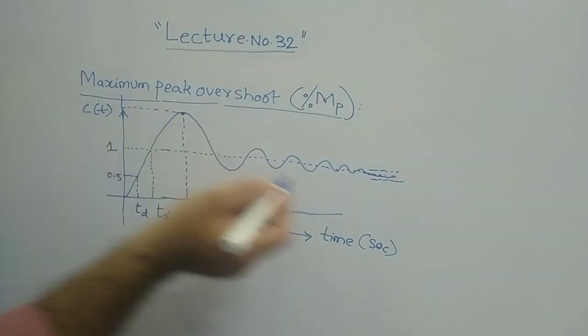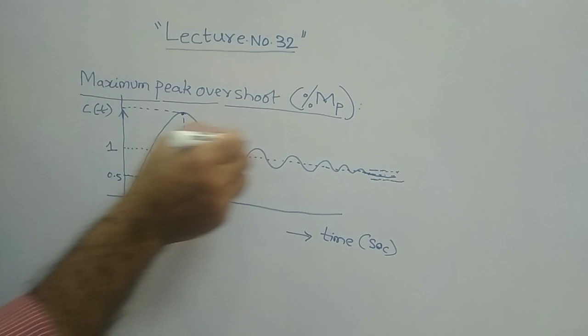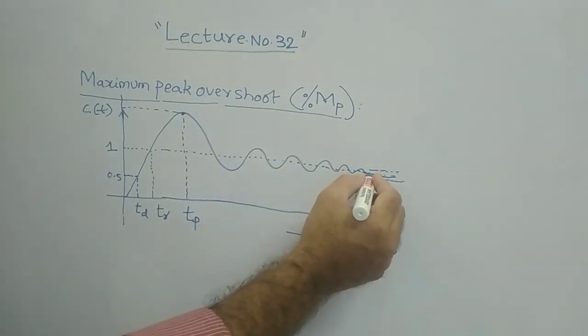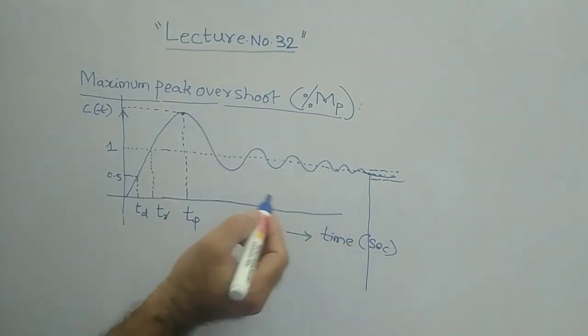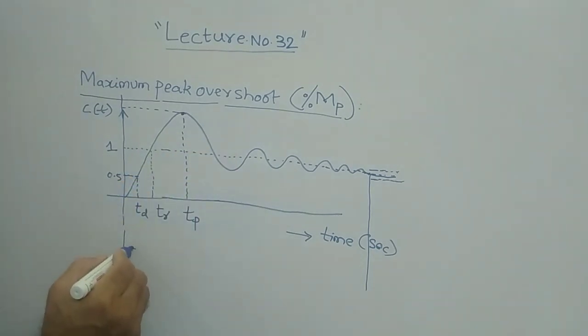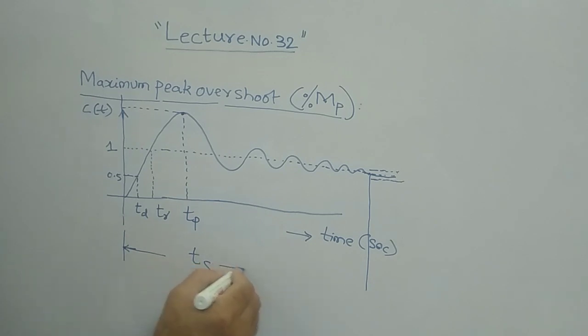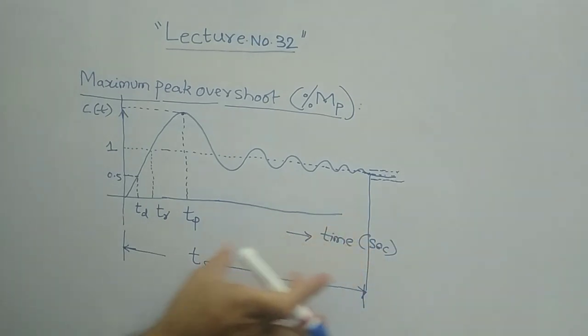Within this tolerance band, the waveform will be settled. So the period from the starting value to the time at which the waveform settles is called the settling time, TS.